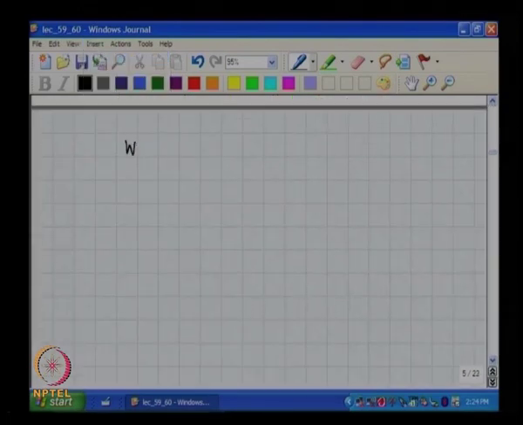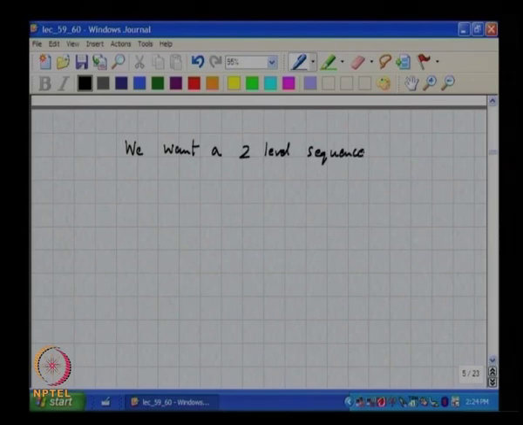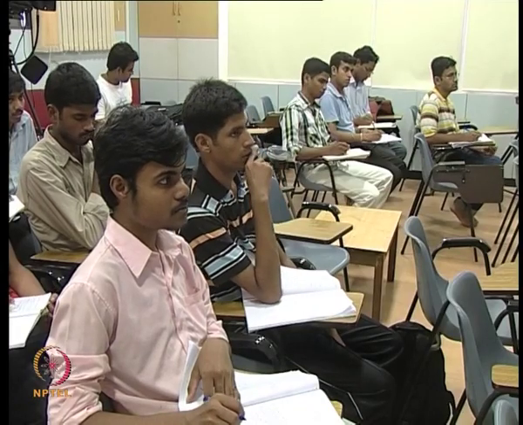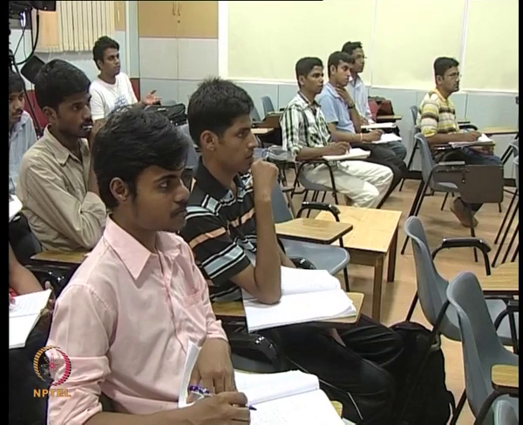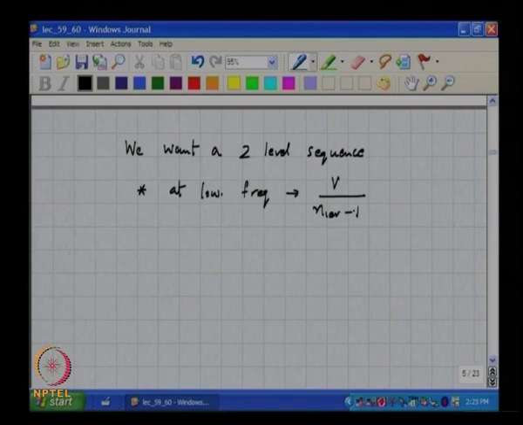Now, in other words, we want a 2 level sequence whose low frequency value is the same as, at low frequencies this must resemble V by n level minus 1, correct, all right, and the rest of it.